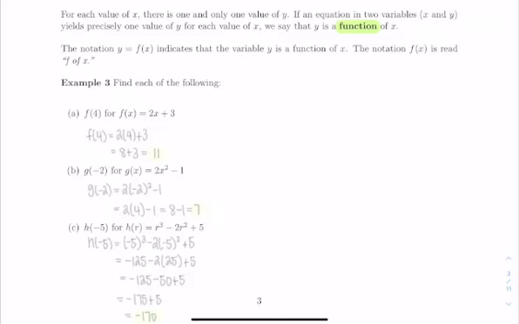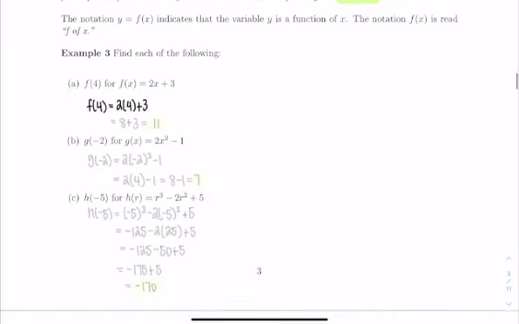So let's go ahead and find f of 4 for f of x equals 2x plus 3. Since x is our variable, everywhere we see an x, we're going to plug in 4. So f of 4 is 2 times 4 plus 3, and then we want to work with order of operations. Well, 2 times 4 is 8, and 8 plus 3 is 11.